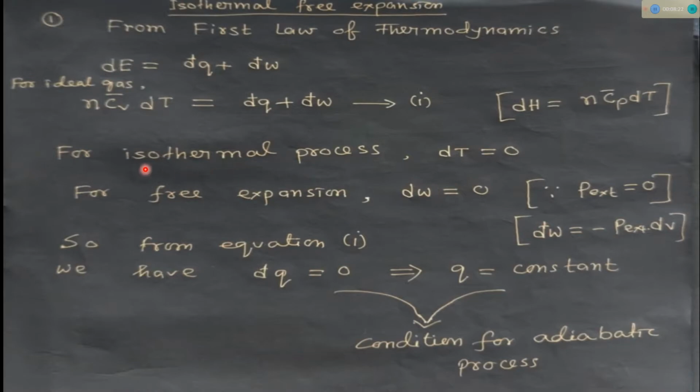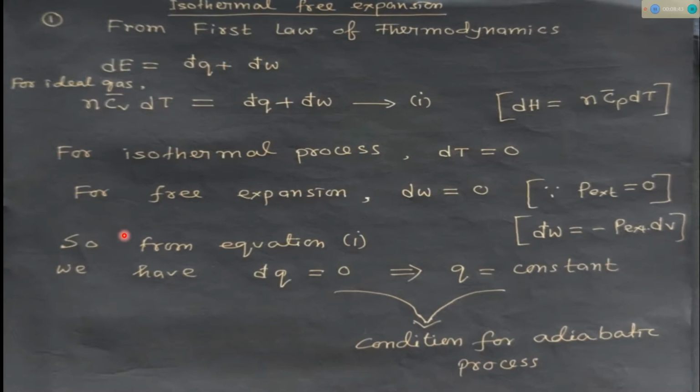So for an isothermal process, dT equal to 0. For free expansion, there is no external pressure, so P external equal to 0. That's why dW equal to minus P external dV is 0, which means dW is also 0.